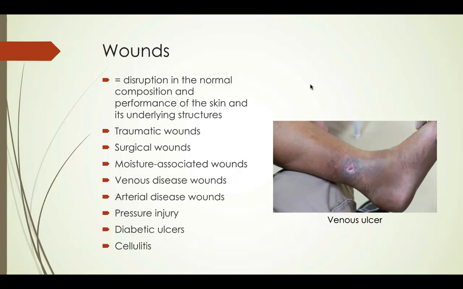Chronic peripheral arterial disease, your arteries aren't working that well. Diabetes is another one. When people smoke, if they're malnourished, immunosuppressed, immobile, and they have an infection in the wound, then those are all factors that are going to lead to a chronic non-healing wound.